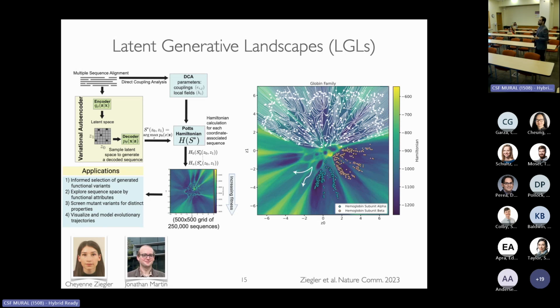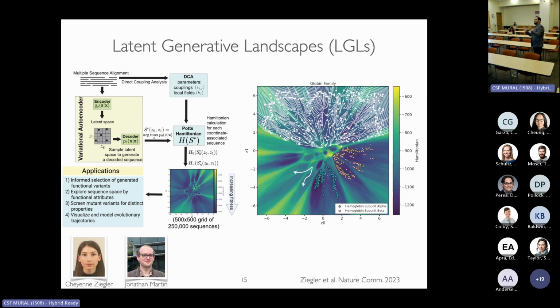Because we know from this energy that we can say something about its fitness. So that's the color, it's the Hamiltonian that comes from the DCA. The X and Y axes are these two latent variables. So now our output is 250,000 sequences that are created by the model.